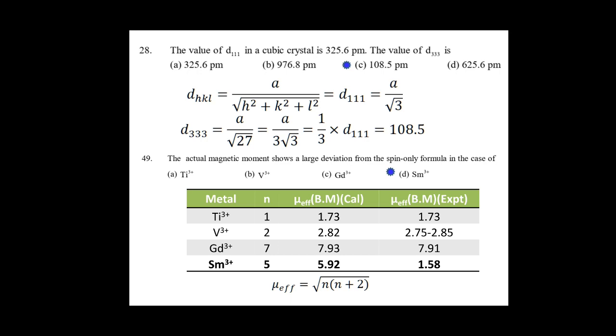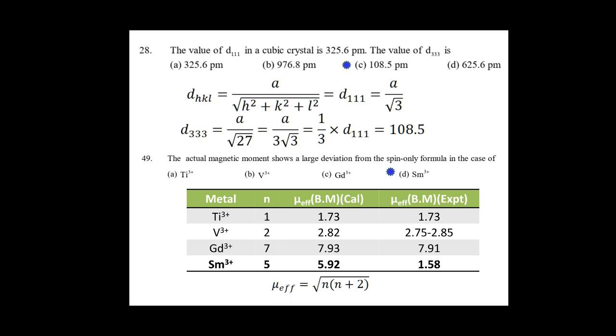Usually in the case of transition metals, the magnetic moment is very close to the spin only value, except for a few cases, but in most cases for transition metals the magnetic moment is equal to the spin only value.